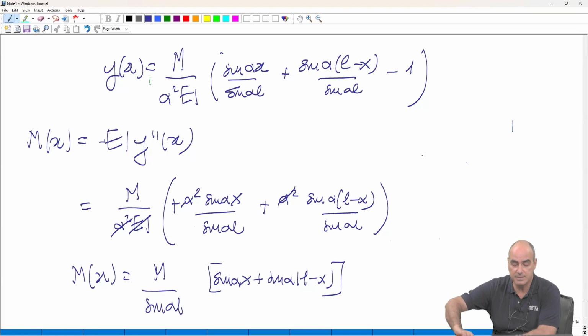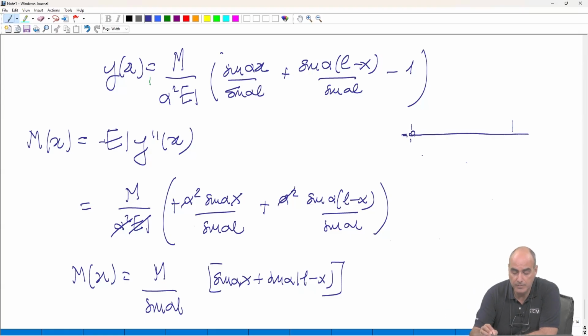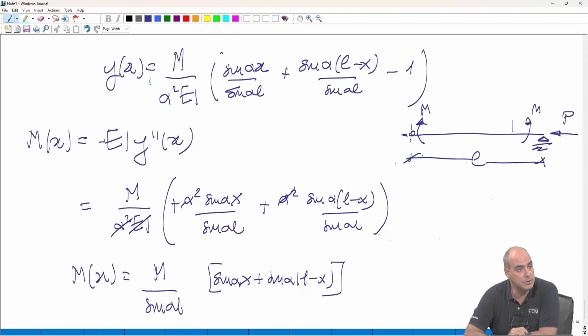Interesting thing, because let's try to remember where we started from. We started from this situation here. If you neglect for a moment the effect of the axial force, what is the diagram of the bending moment on this beam? It's constant.